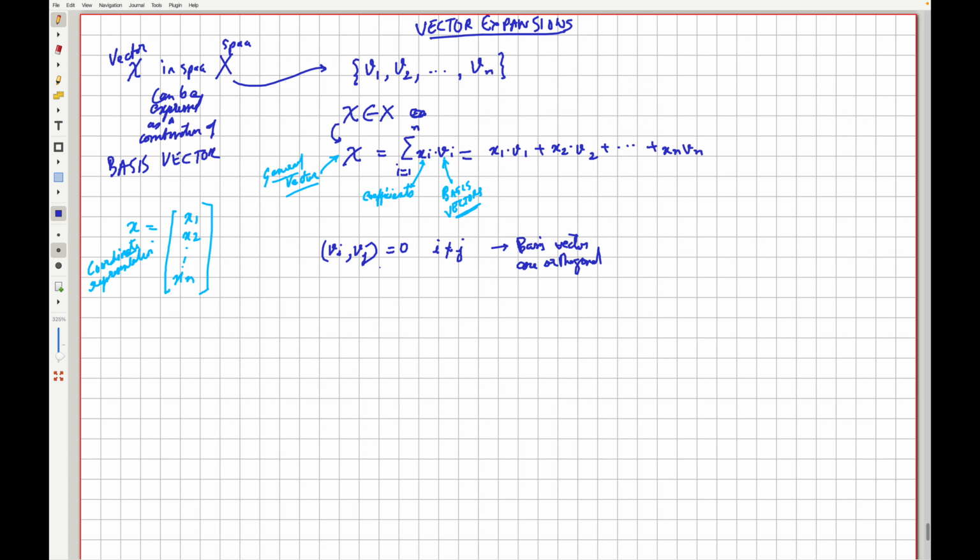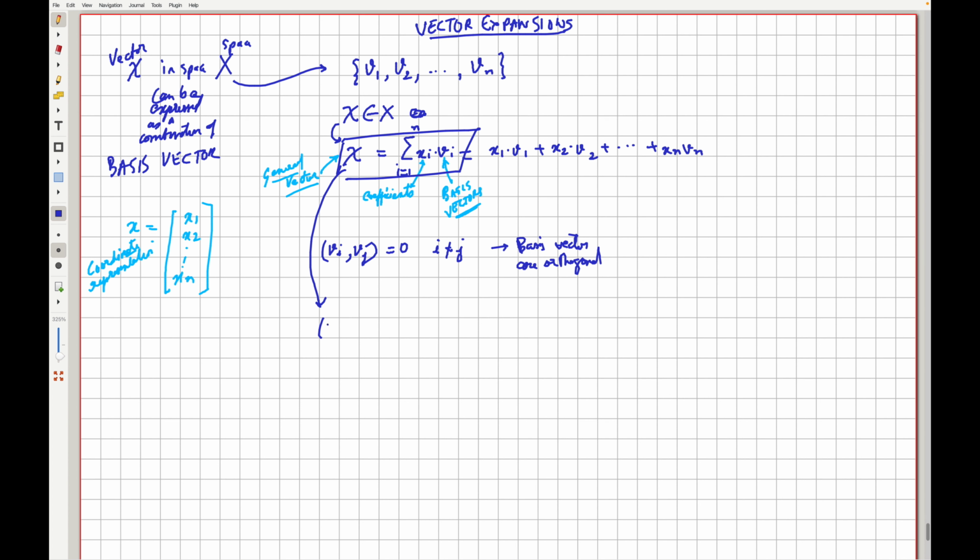If this is the case, we can try and find the coefficients x_i that we said above. To make that happen, we can go back to this equation above and dot both sides of this equation with v_j.